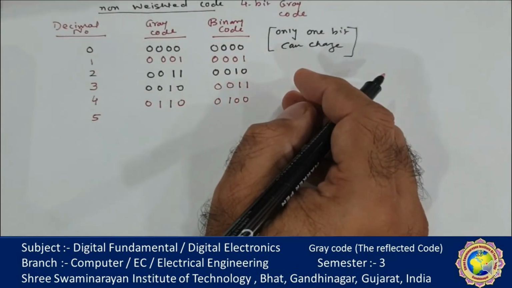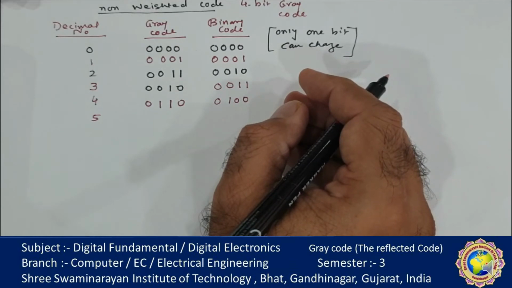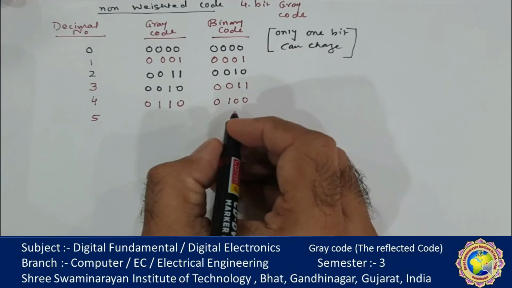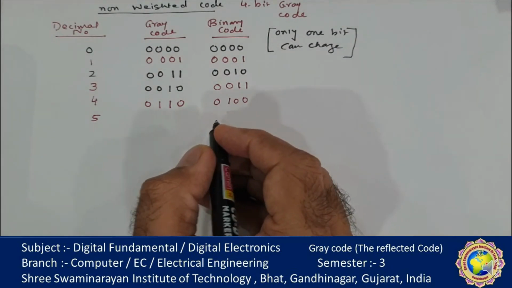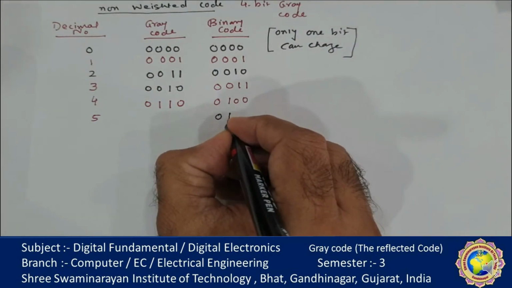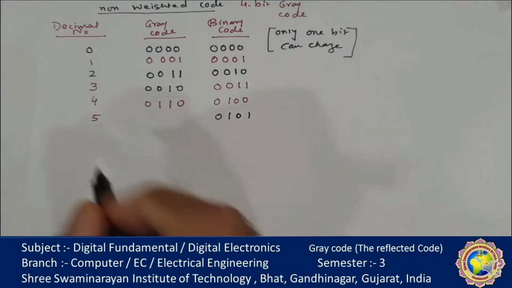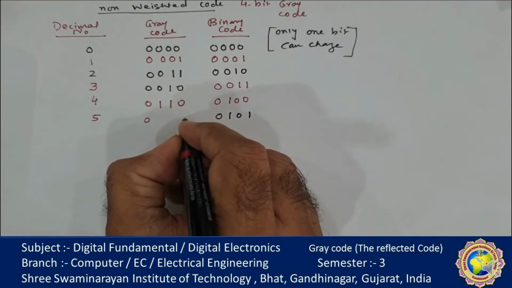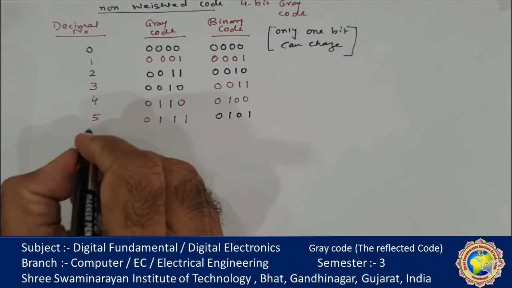Okay, so in this way, we have to start with the lower bit and then convert it. For 5 in decimal we say 0, 1, 0, 1, but here the last bit changes and the remaining stay the same: 0, 1, 1 in gray code.